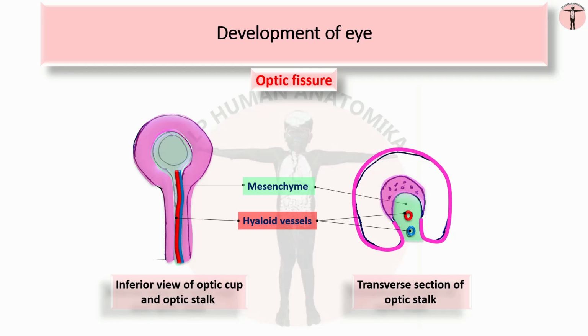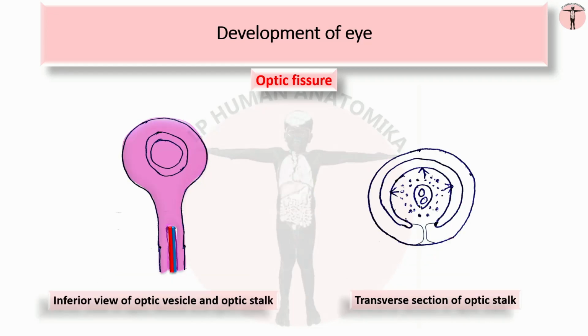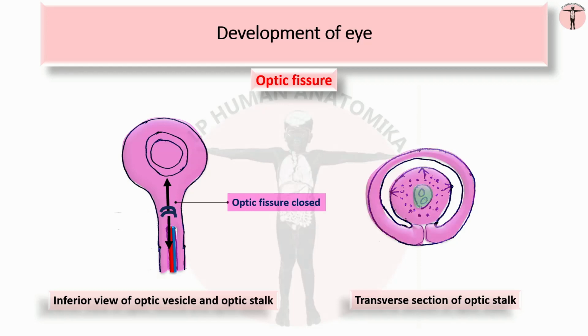Now, the edges of the optic fissure grow towards one another and begin to fuse at 5 weeks. Fusion starts at the center and proceeds anteriorly towards the rim of the optic cup and posteriorly along the optic stalk. Closure is complete at 7 weeks, forming the two layers of the optic cup and optic stalk.